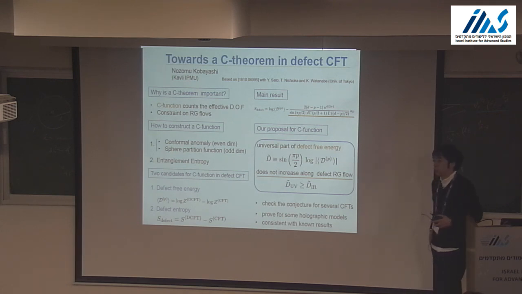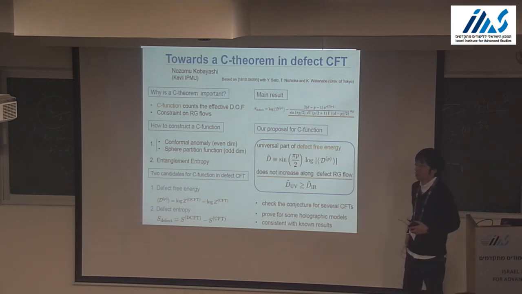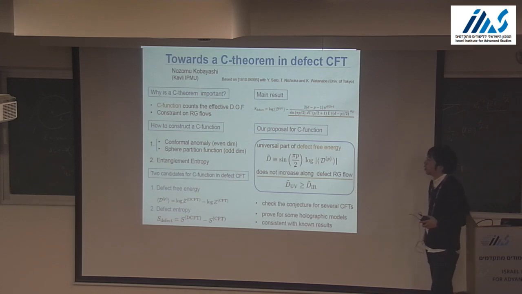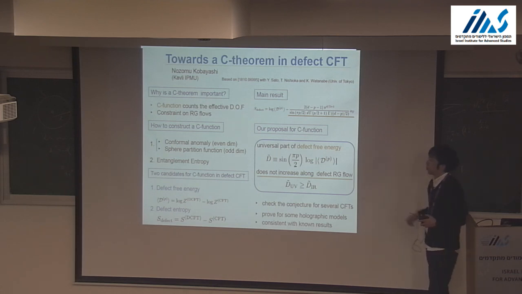And in odd dimensions, there is no conformal anomaly, so we use the sphere partition function as a C function. There is another conjecture which unifies the even and odd dimensional cases and generalizes to continuous dimension, the so-called generalized F theorem, using the sphere partition function.